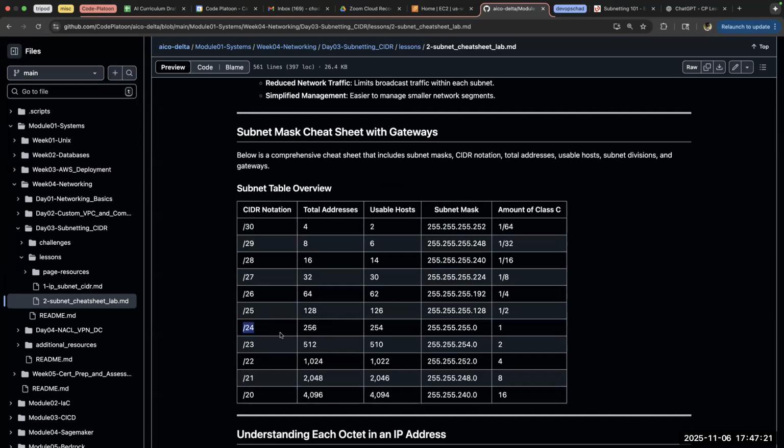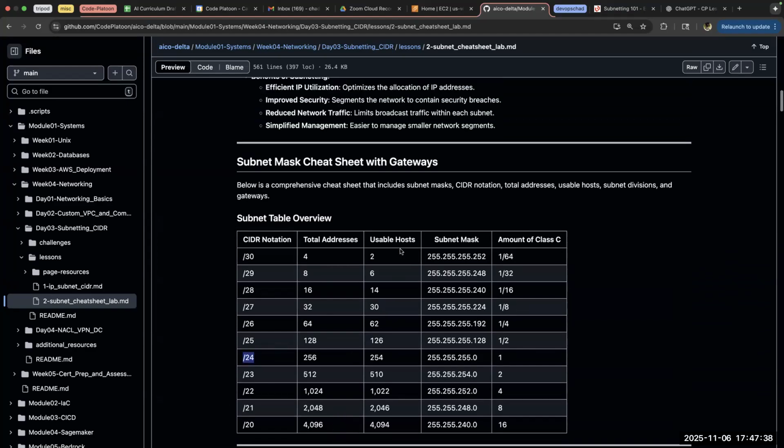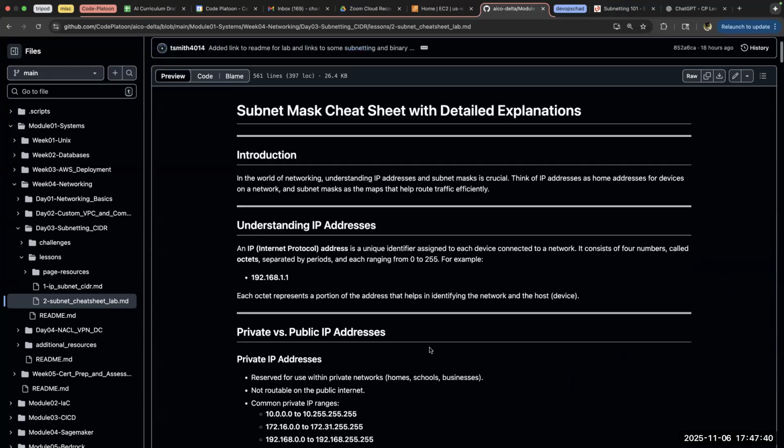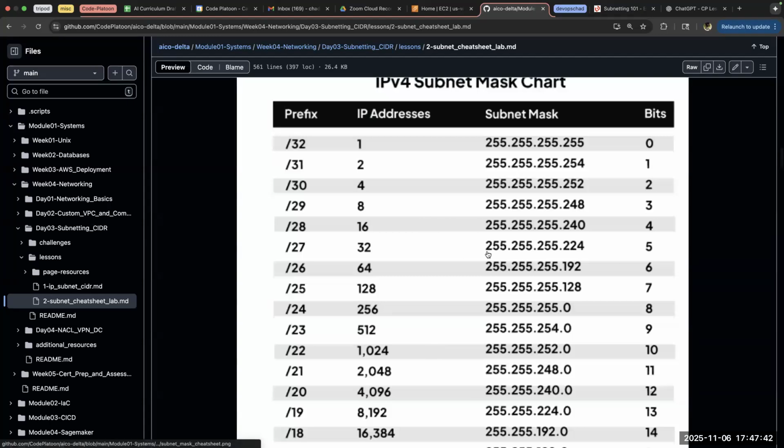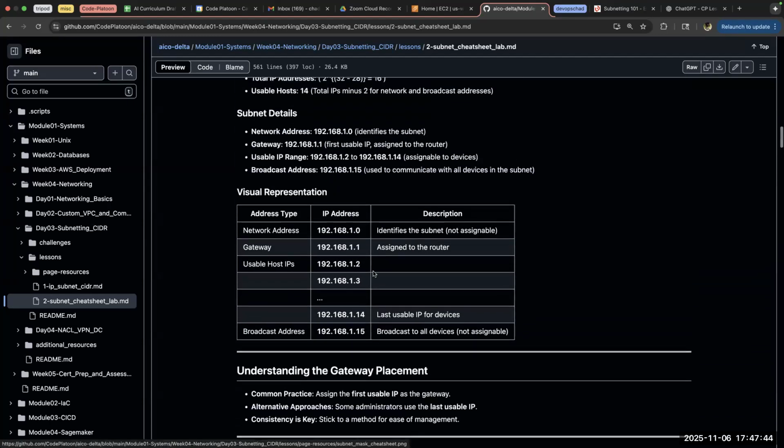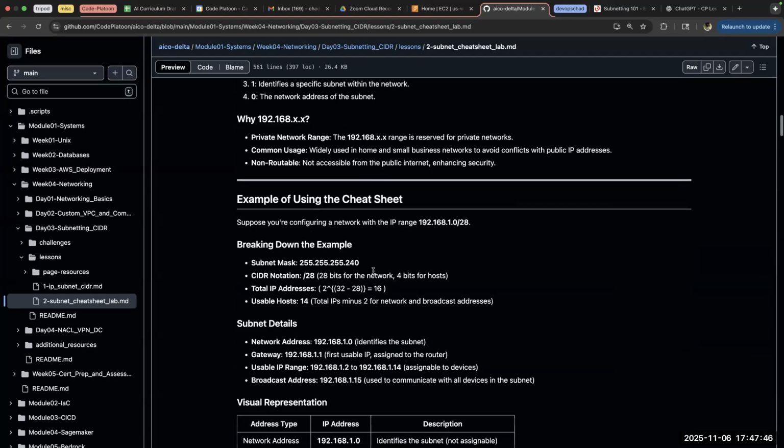If you go above a /24, the total number of addresses you can have on that subnet goes down. As you go up in numbers, the number of addresses goes down, and as you go down, they go up. This table links to this resource over here. Again, this will make more sense when we start playing these little games and assigning our own addresses.